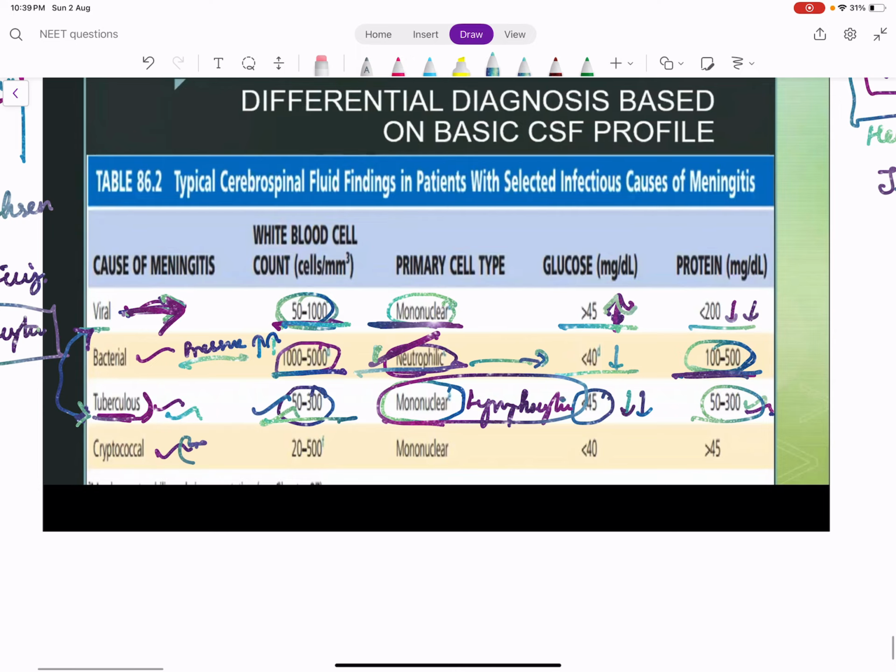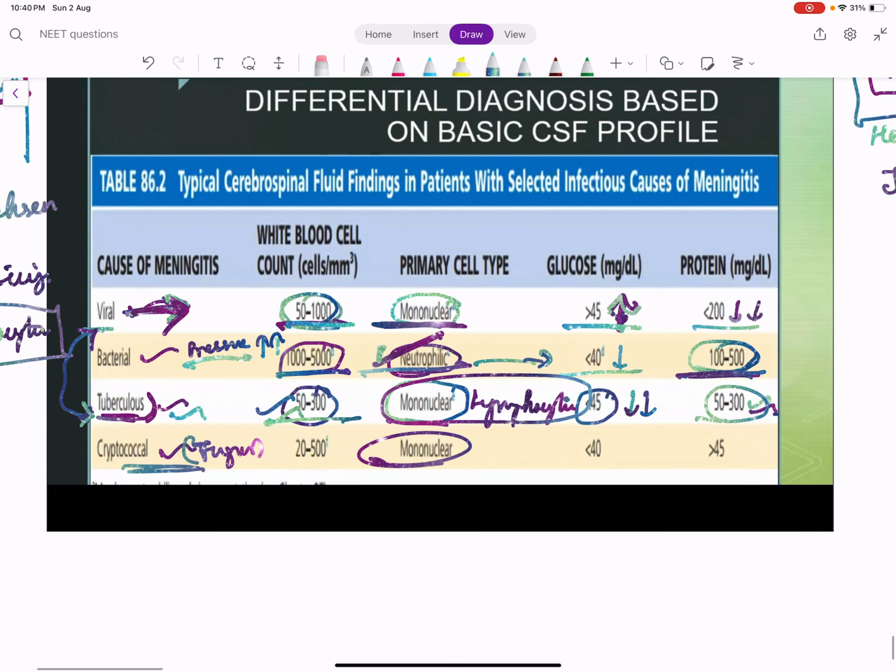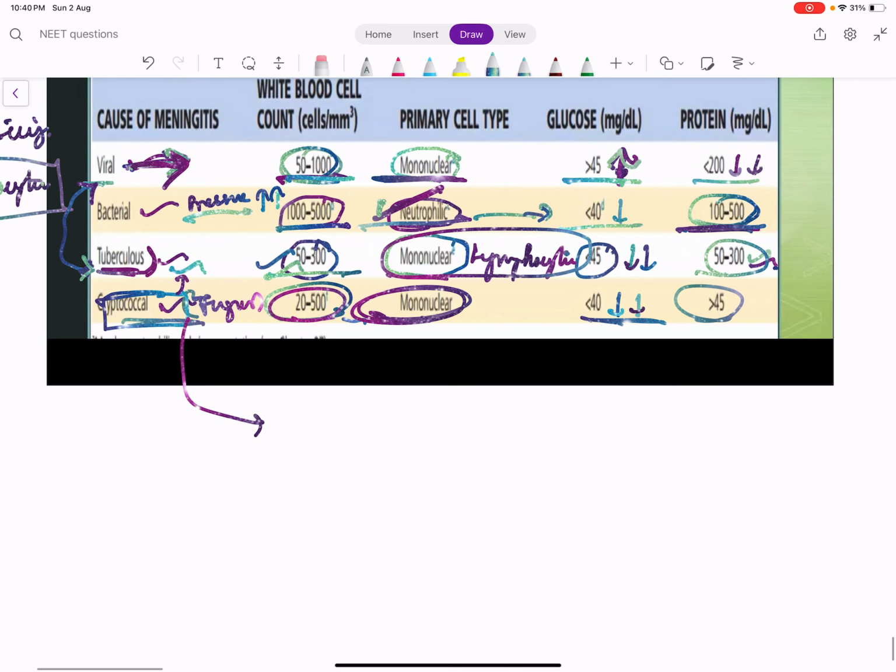Cryptococcus is fungus. So how will you define fungal? Fungal is also mononuclear. But fungus is an organism, right? So it consumes glucose. So low glucose, high protein, mononuclear, and moderate cells will be fungal. But fungal can be easily confused with tubercular, right? So when will you think of fungal then?